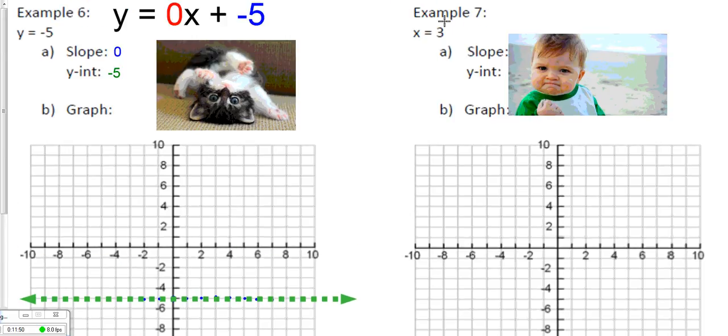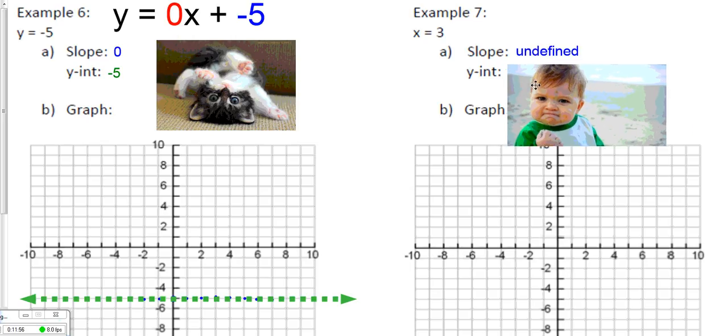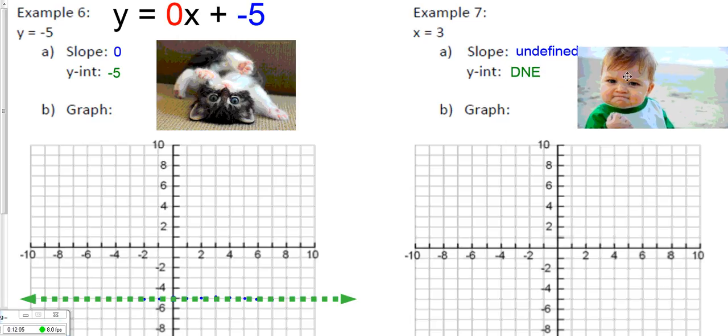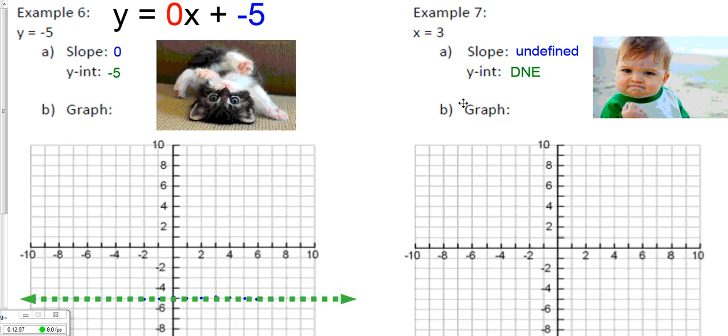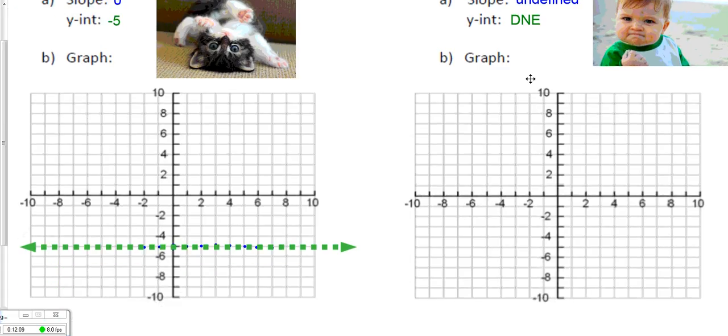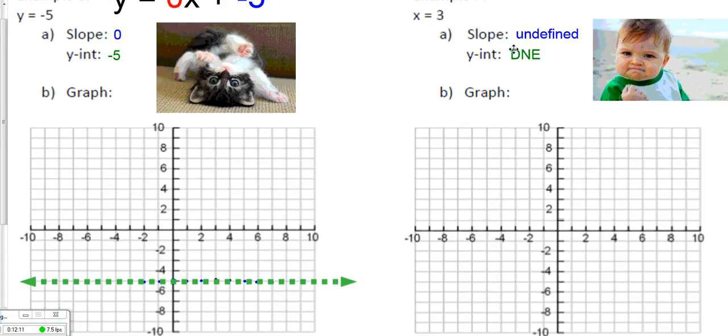This is the other special case, x equals 3. Remember, there is an undefined slope because it's not moving over at all. It's just moving up. It would be like dividing by 0, which we can't do. The y-intercept, well, it never crosses the y-axis, so we would say DNE for does not exist. There is no y-intercept.